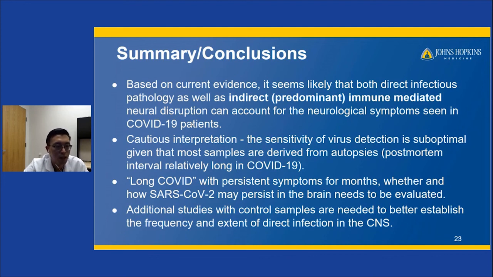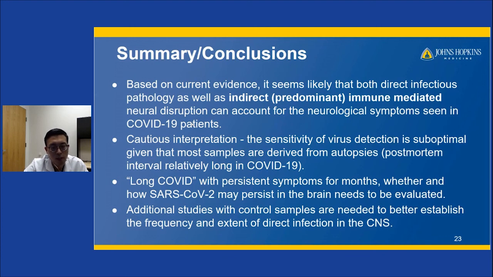And although SARS-CoV-2 was detected in the brain tissue with different ways of detecting the virus, immunochemistry, PCR, or EM, cautious interpretation is needed because sensitivity of virus detection is suboptimal when samples are derived from autopsy.